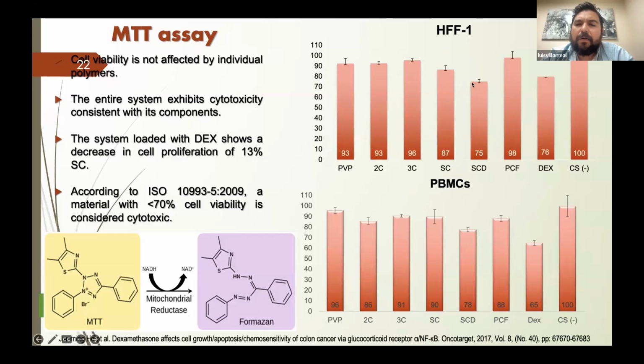You had a small one, this one is mild toxicity. If it goes down, if you have less than 70% proliferation, it says that you have moderate cytotoxicity.